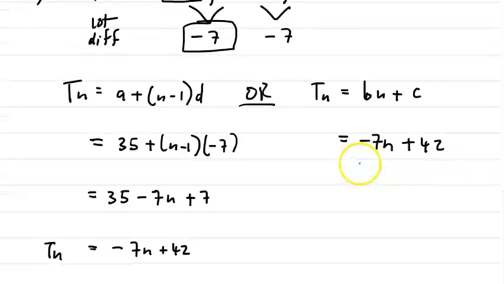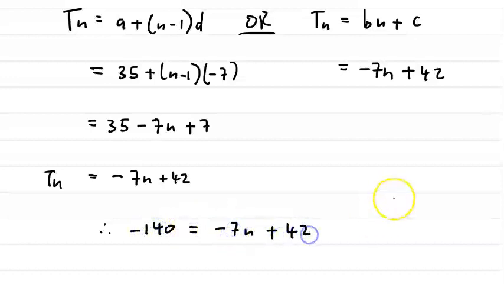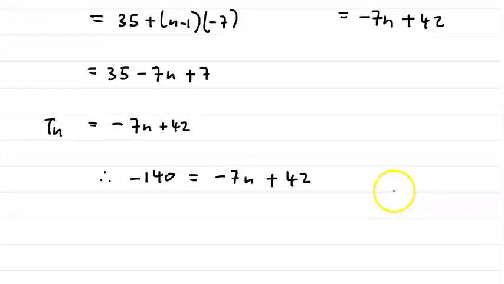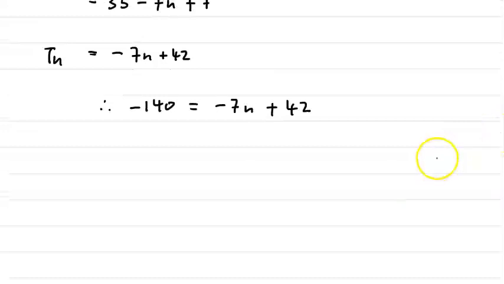We now have the general term, so we can say minus 140 equals minus 7n plus 42. Now this question could have been done in a few steps. We didn't need to do all that working. But once again, I wanted to show you exactly how to get the general term of an arithmetic sequence in different ways.